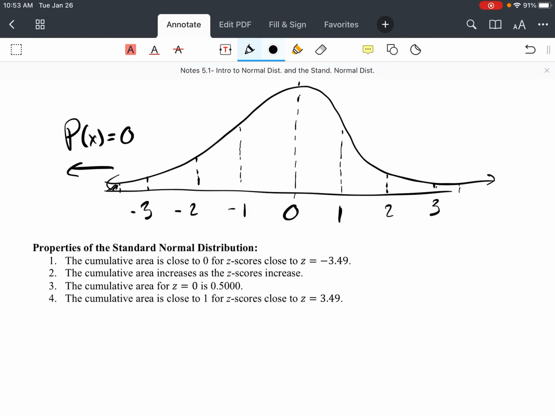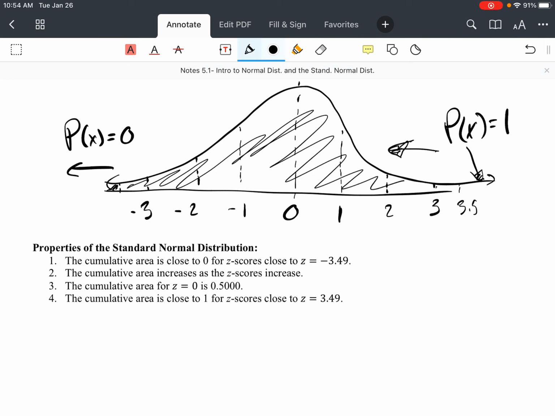And it also works for this one too. If I go to +3.5, the probability for all of this stuff happening is almost 100%. Because when we're calculating probability, it takes all the area to the left of this. So if I'm adding up everything back here, it's taking up almost the entire bell curve.